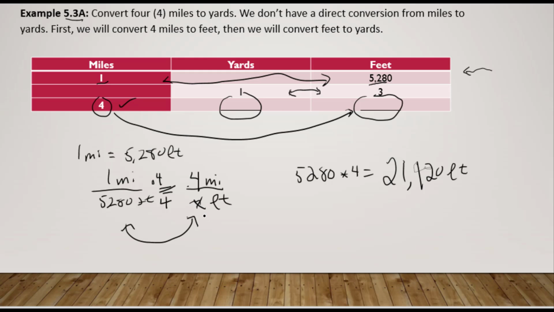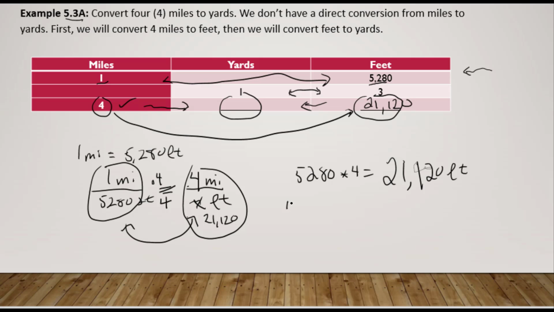So I'm going to put 21,120 in here. Notice that this ratio is the same as this ratio. They are equivalent. But this would be 21,120 feet. Now we have to find out 4 miles is how many yards. My conversion here is 1 yard is the same as 3 feet.